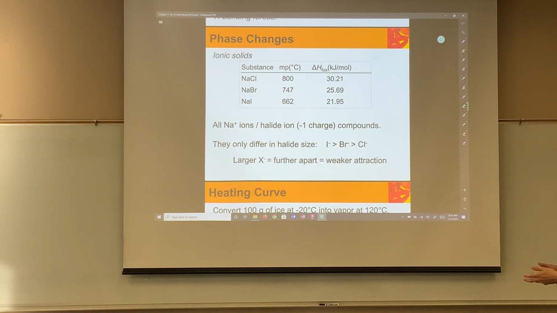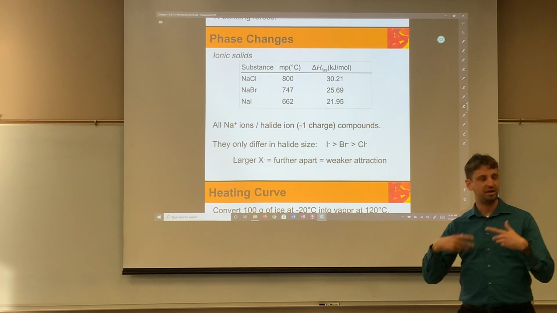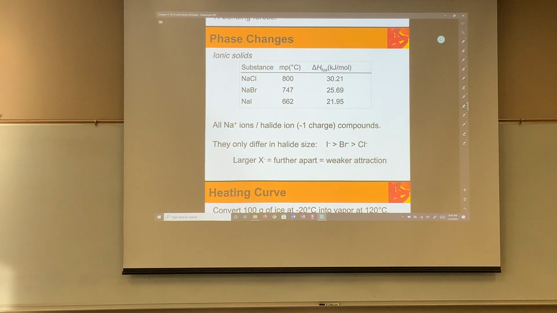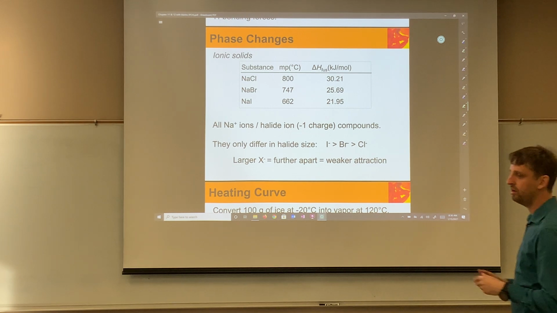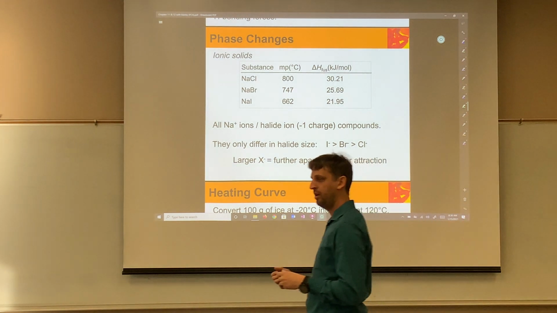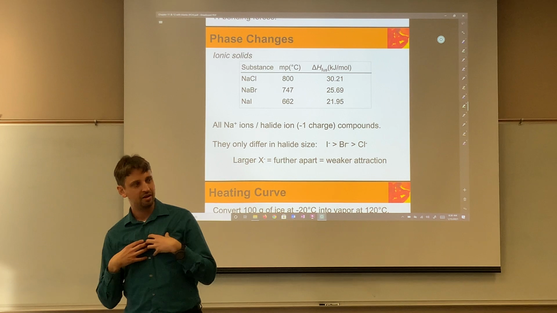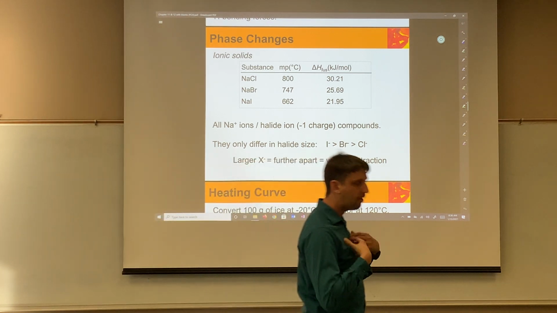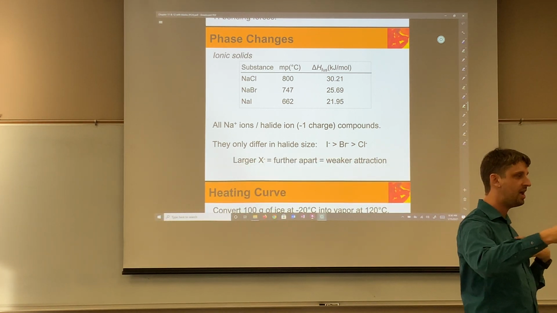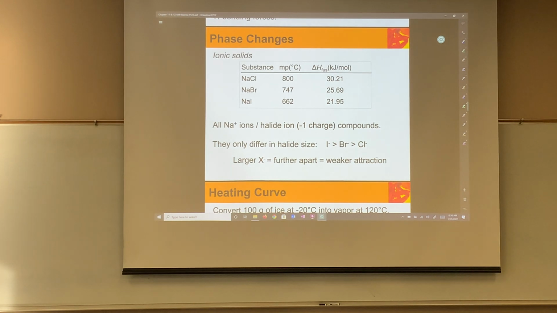If I increase the charge to -2 or +2, it's going to be harder for these things to melt. That's just a pure argument of Coulombic attraction. If I'm a +3, I have a bigger positive charge, it's going to be harder to take a minus away from me. You guys get what I'm saying? Whereas if I have just a +1, it's a little bit simpler.